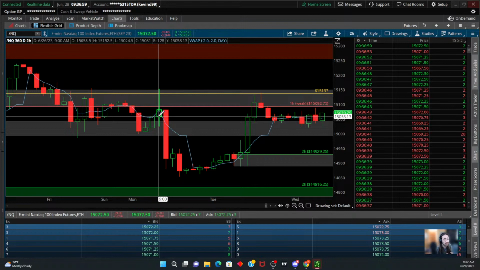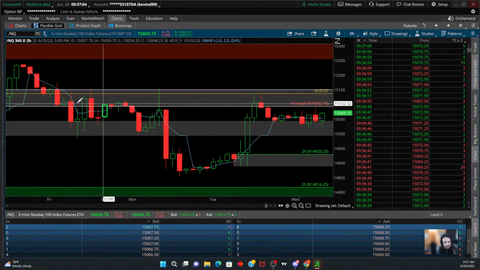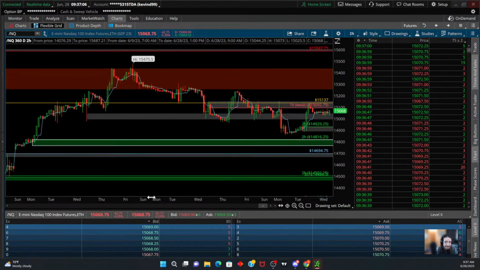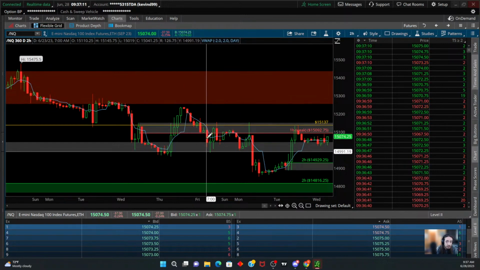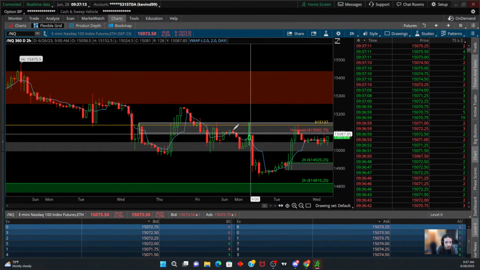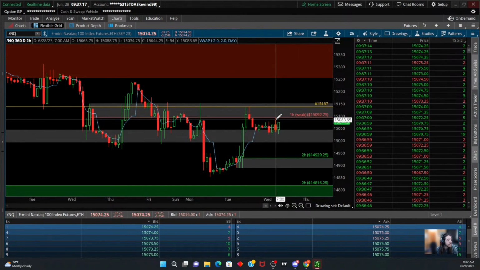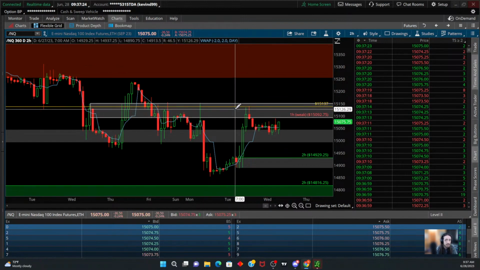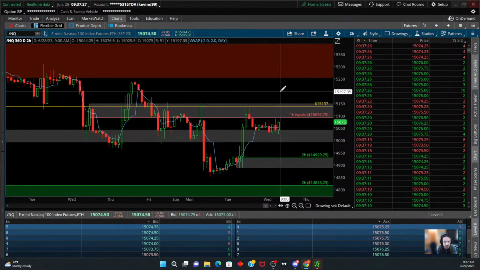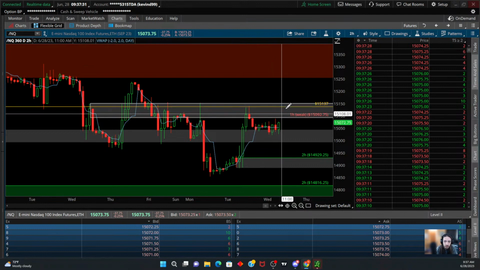Me personally, I'm not going to, because I also have this 1 hour area of interest / supply right here. The reason I say it's an area of interest / supply is because we've broken it before, but then we've recently held below and we were using it to reject. That way also, guys, if I'm seeing consistency in a stock or a zone like this, that is promising, because once we break above it, I'll look for this resistance zone to become a support zone.